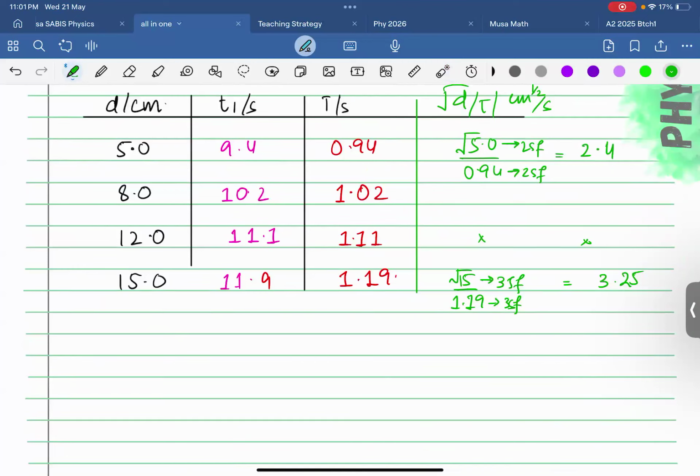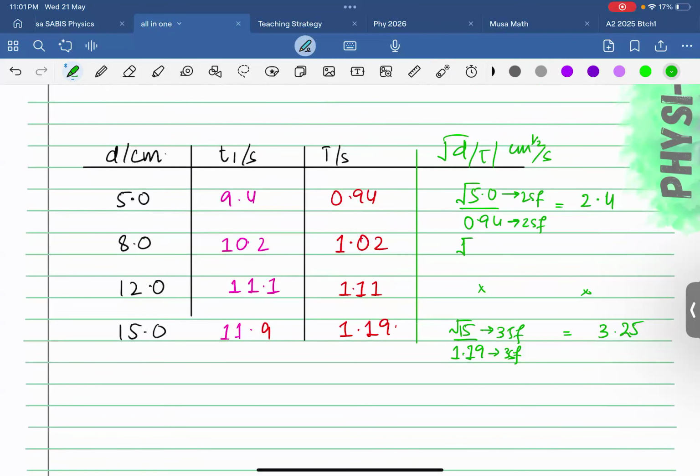Square root of 8 divided by 1.02. Sorry, it should be 8, not 12. So I'm getting 2.77296.